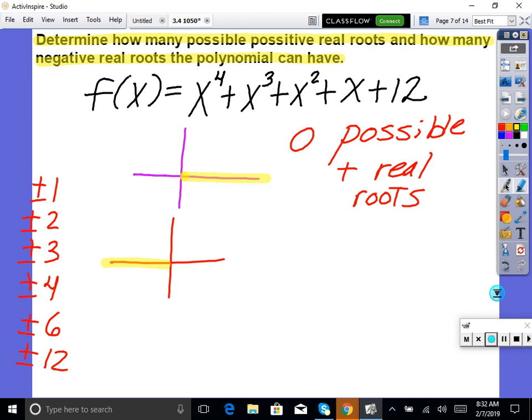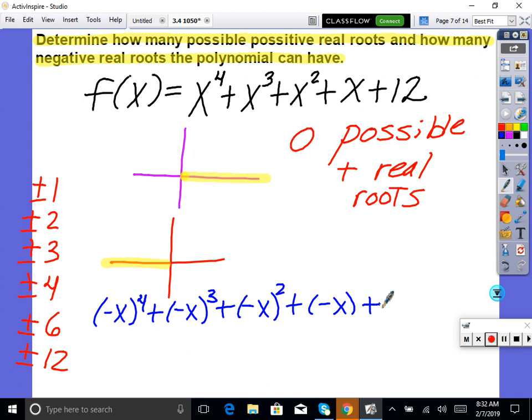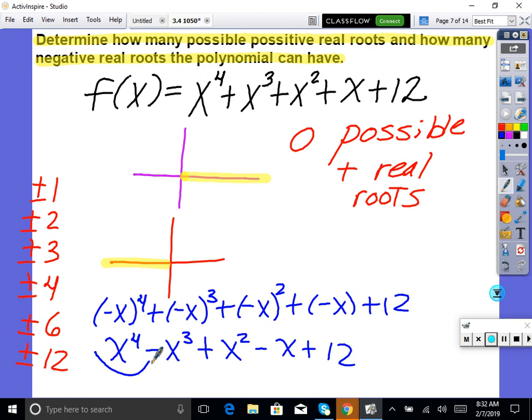You'll have to know, okay, I plug in a negative x and simplify. So that would be negative x to the 4th plus negative x cubed plus negative x squared plus negative x plus 12. Simplifying, that would become x to the 4th minus x cubed plus x squared minus x plus 12. Let's count how many sign changes. 1, 2, 3, 4, right?